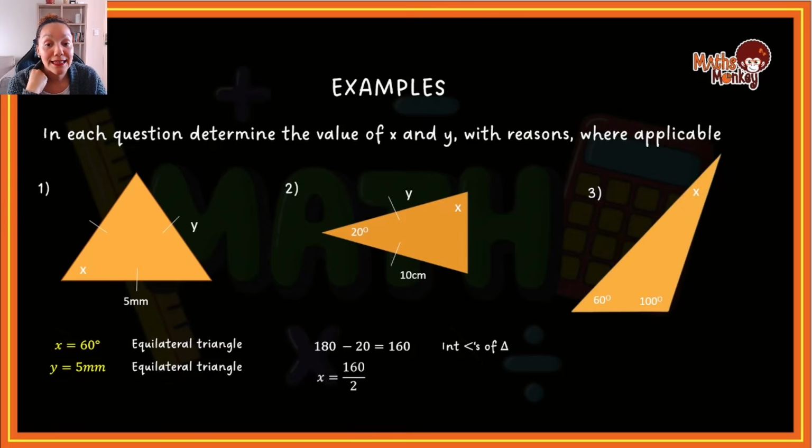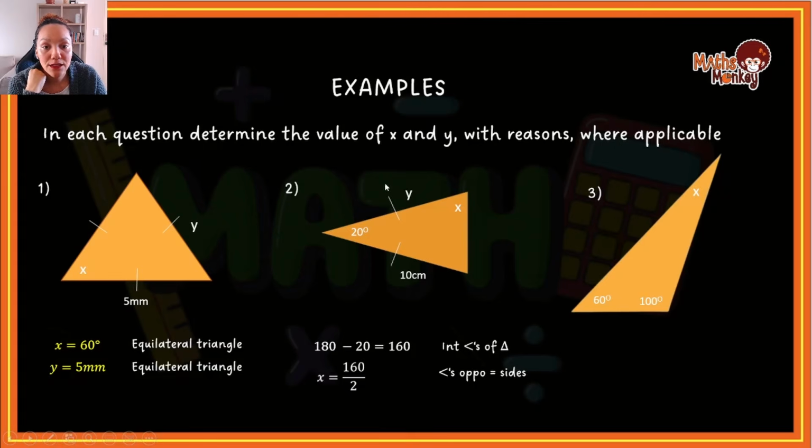Then I take this 160, because I know these two now must equal 160 in order for this angle to add up to 180. So I would say 160 divided by 2, because I know both of these have to be exactly the same, and my reason would be angles opposite to equal sides.